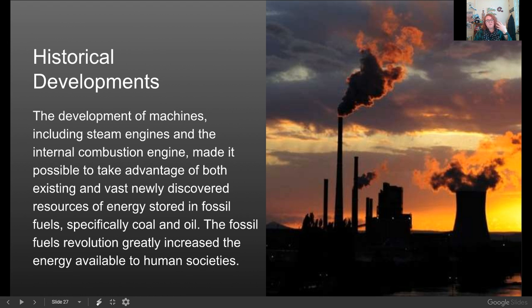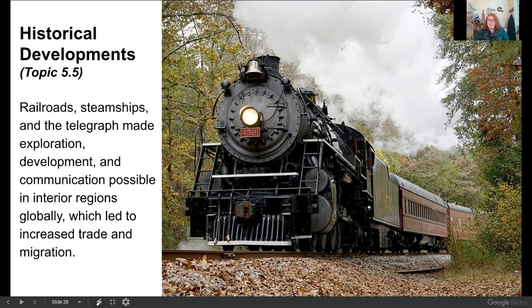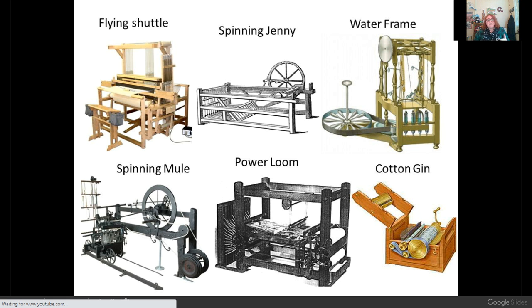And also how the development of these machines made it possible to take advantage of existing and newly discovered resources as a form of energy. And it is this reliance, specifically on what would become fossil fuels, that would revolutionize the way humans lived and interacted with one another. And then, of course, we cannot talk about technology without talking about the ease of transportation. So let's dig into it.